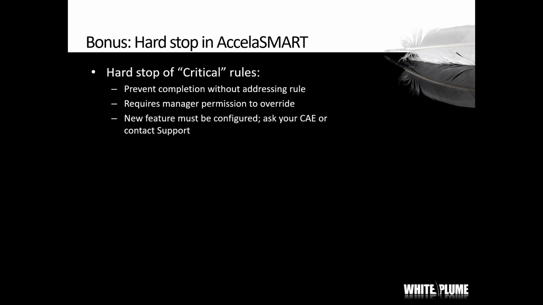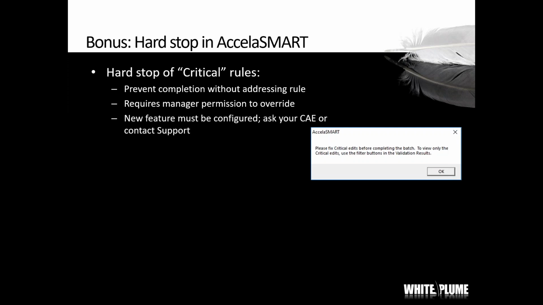Now you can actually set the system to prevent users from completing encounters if there is a critical rule still in the batch. So if you're configured for this, then the user will actually receive an error saying, hey, you can't complete this until the rule is addressed. This makes sure that the user addresses all of those critical rules.